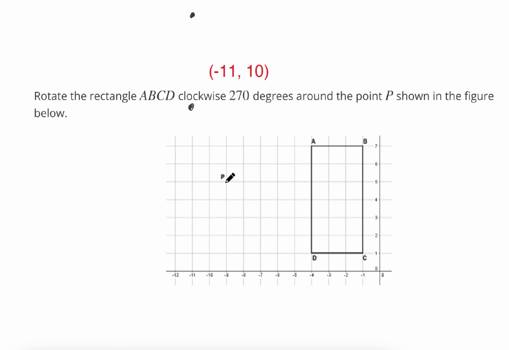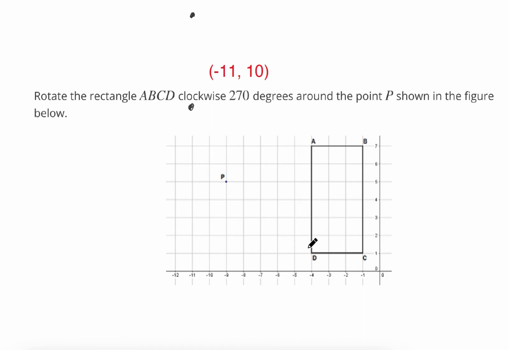So to get to D from point P, I go 1, 2, 3, 4, 5 on the x. That means I'm actually going to go 1, 2, 3, 4, 5 up. See how I switch the x and the y coordinates? So if I go 5 to the right to get to point D, that means I need to go 5 up for my rotation. And if I go 1, 2, 3, 4 down, going down is a vertical direction.